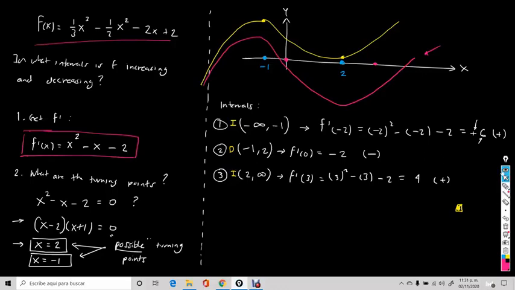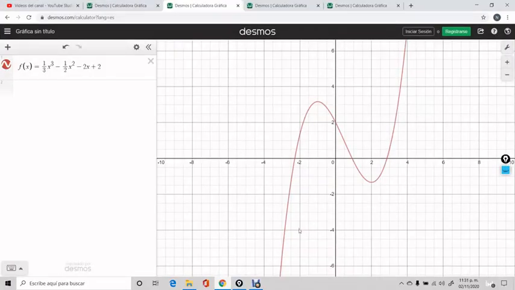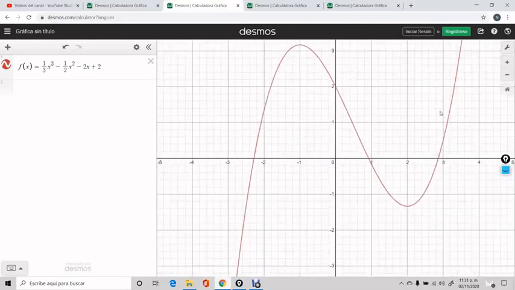And let's compare it with the actual graph. There you have it. You see?